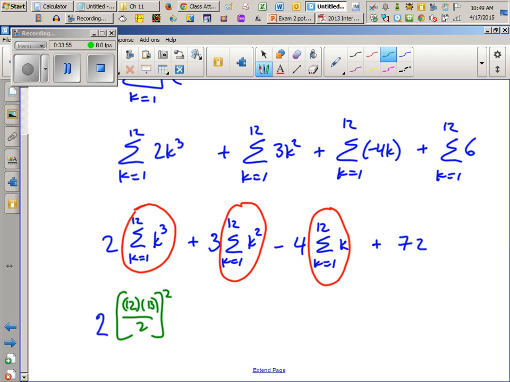The first one is the k cubed formula. So it's 12 times 13 over 2 quantity squared. We shouldn't even need a calculator to solve this, really.